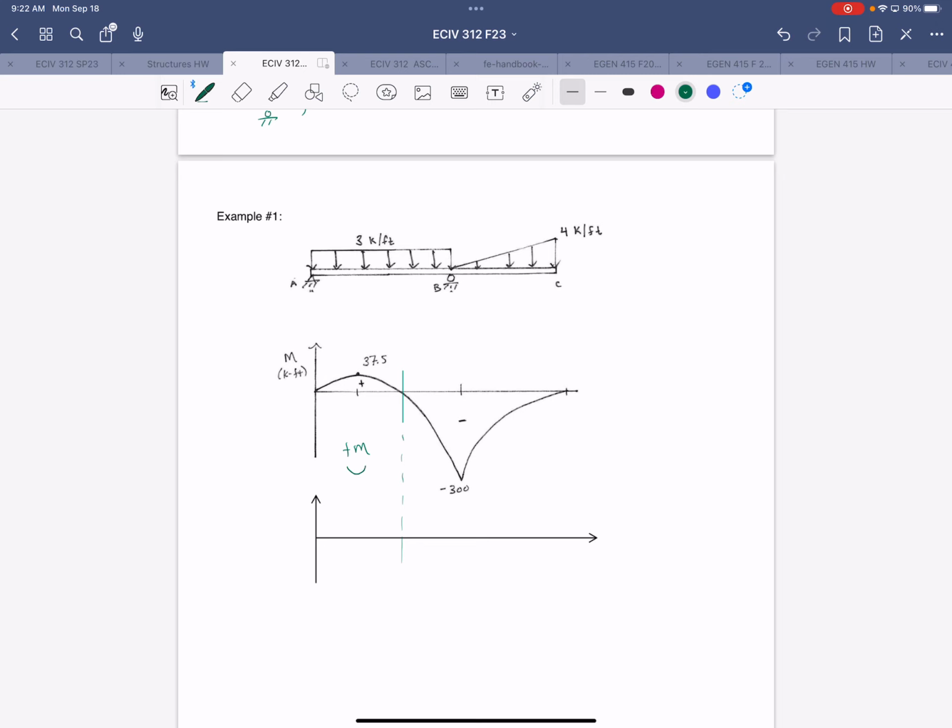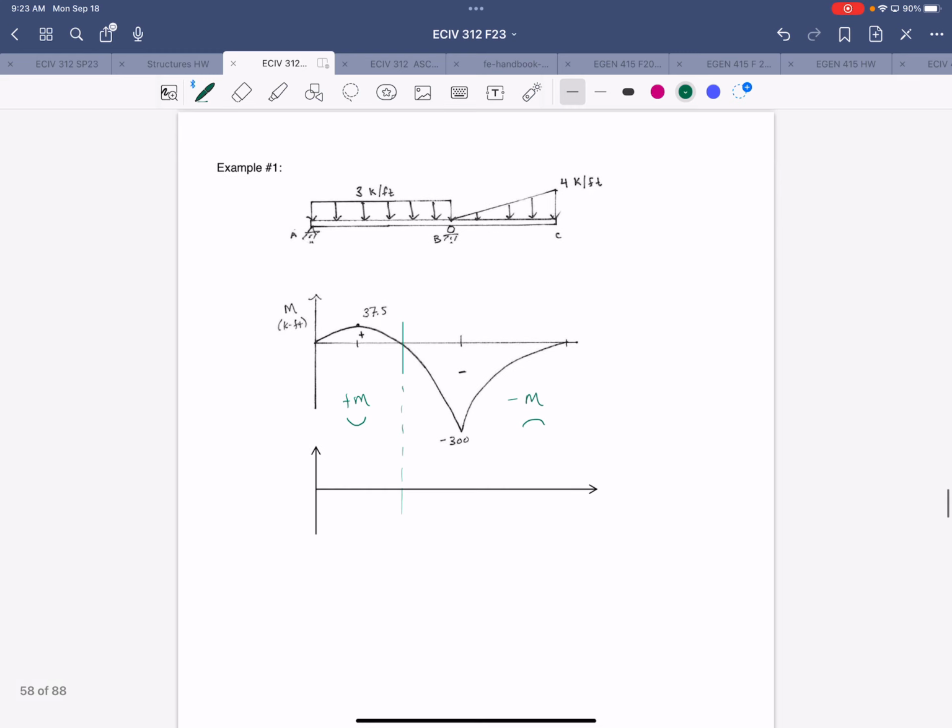That tells us that the elastic curve will be concave up for that entire stretch. And where we have negative moment, the elastic curve will be concave down for that whole segment. We also have a pin support at A and a roller support over here at B, which coincides with the largest negative moment value.